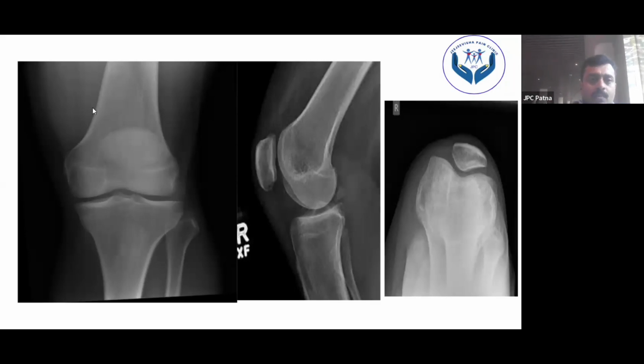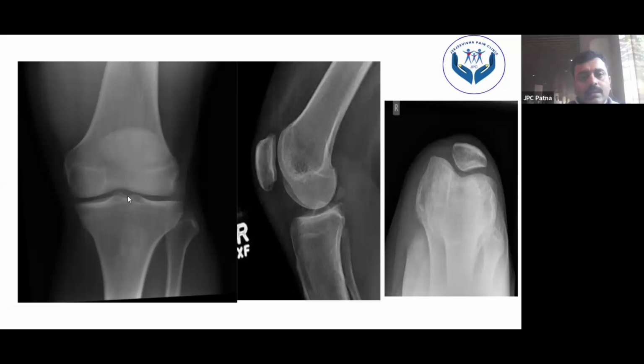Another important thing, especially in the AP view, is the alignment. Is the alignment of the joint proper or not? For the alignment, you have to look at the patella. Is my cursor visible to all? The patella will decide whether it is aligned properly or not.